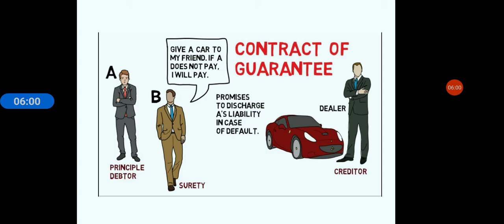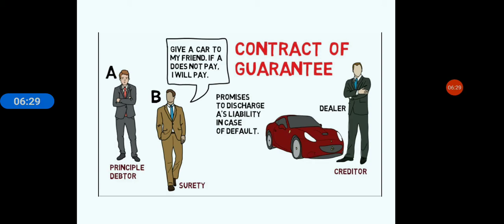Many times in our day-to-day life, when we are going for an interview, the employer often asks us for some references, some good references. What is the purpose of asking for references? The simple purpose is that the employer wants a guarantee from the references that this person is going to do his job in good faith.